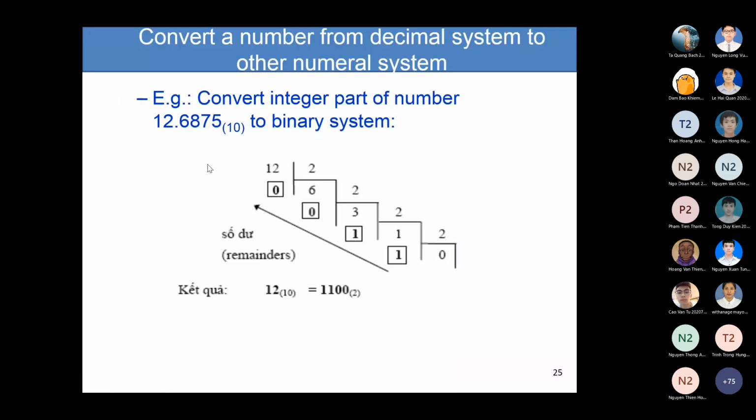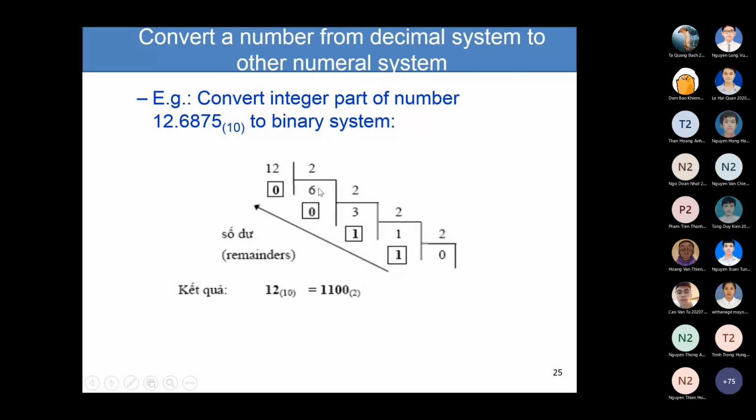We convert the number 12 in the decimal system into the binary system, because the base of the binary system is 2. So we divide 12 by 2. We obtain the result equal to 6, and the remainder is 0, right?